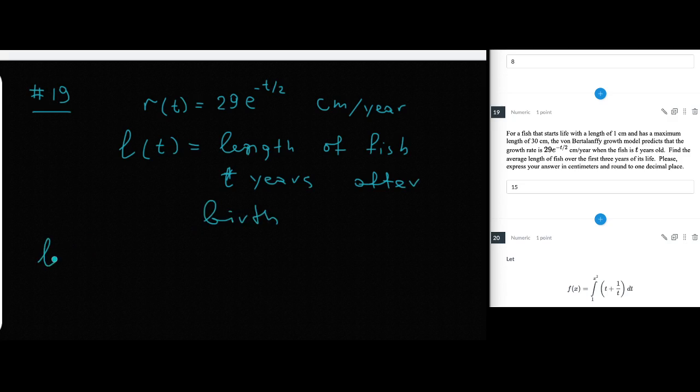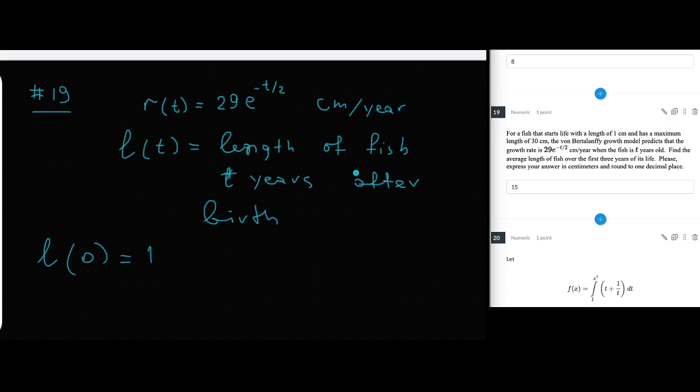Then the information that we have, that it starts its life with a length of 1 centimeter, basically means that our function L of t has the value of 1 when t is 0.